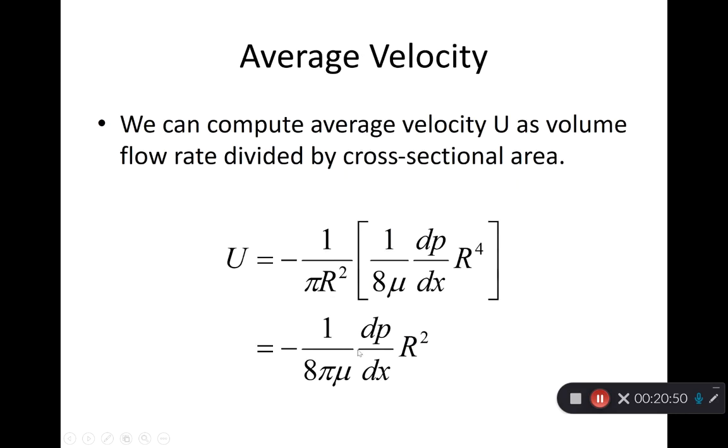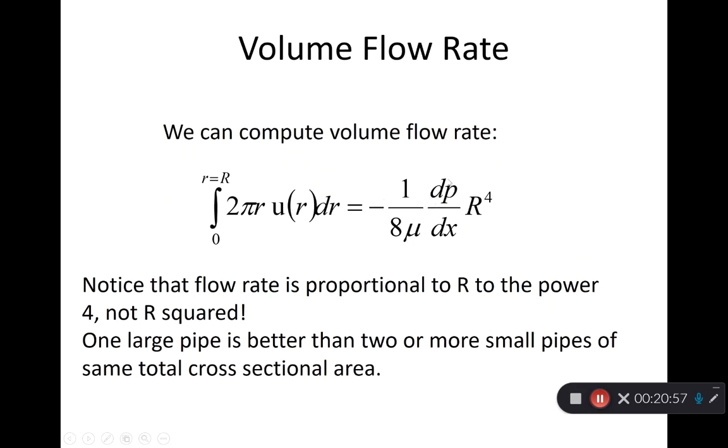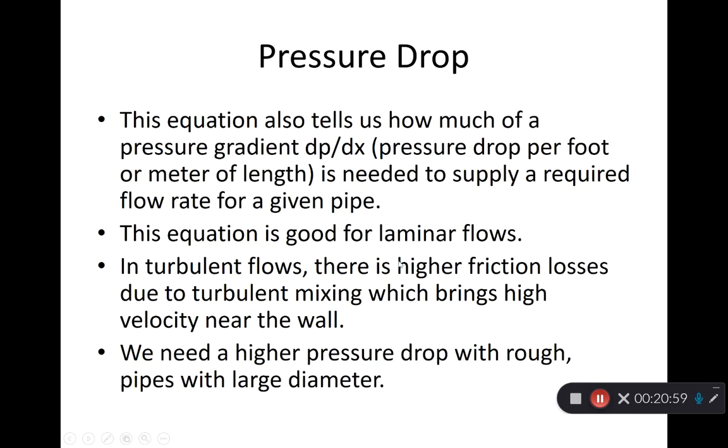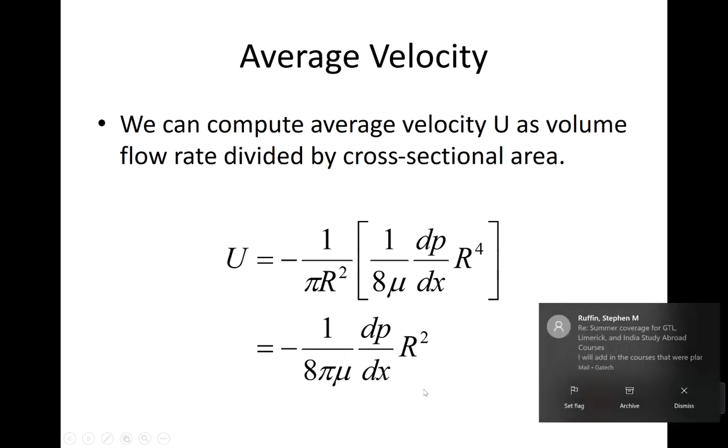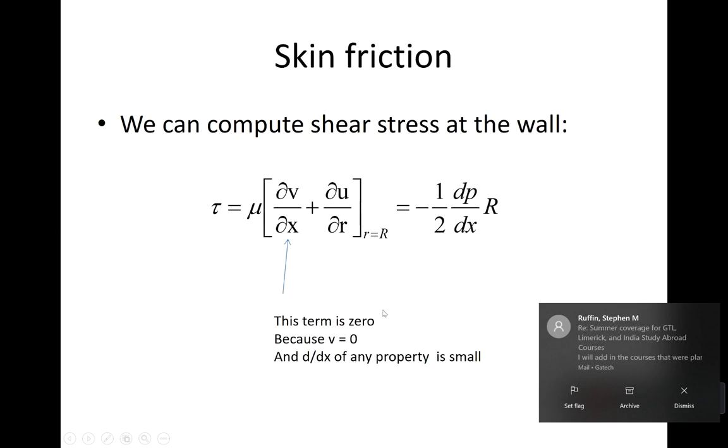Whether it's a large diameter or a small diameter, we could also compute the average velocity. Take the volume flow rate divided by pi R squared, then you get an average velocity. The average velocity is proportional to the pressure gradient. So how about the skin friction at the wall?